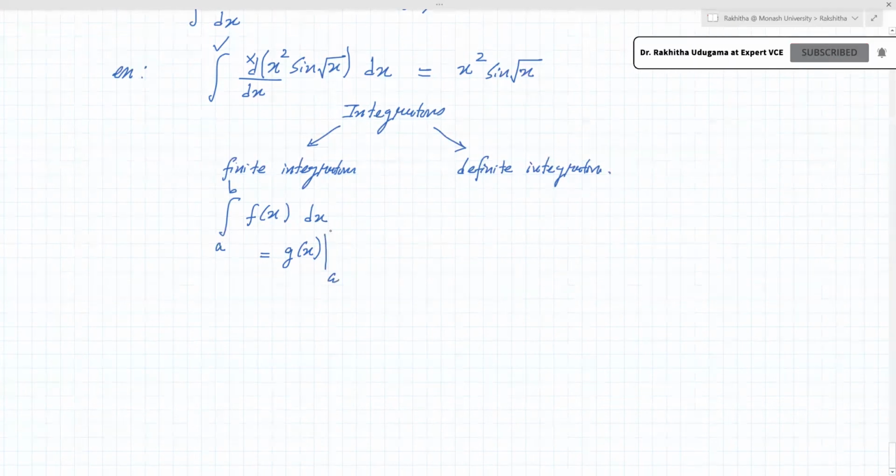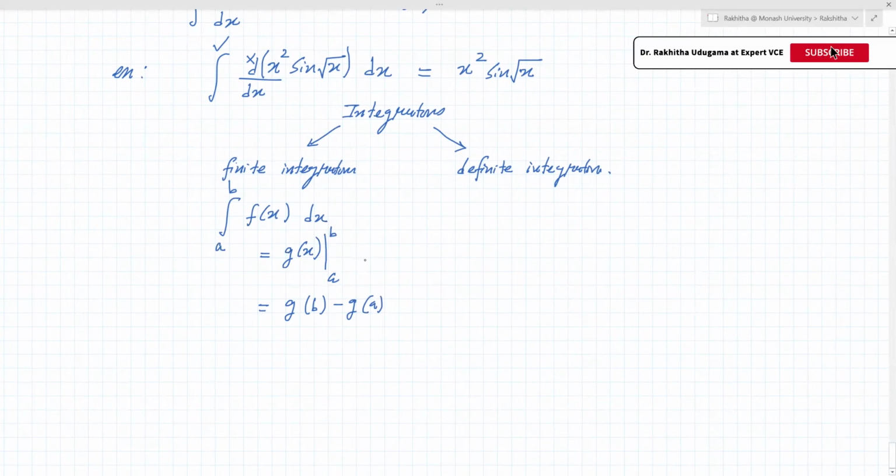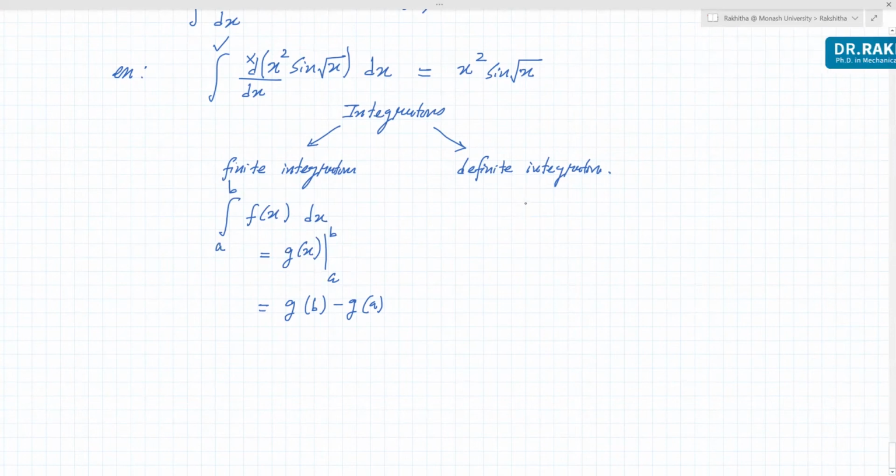So lower boundary would be a, upper boundary would be b, right? So ultimately this would be g(b) minus g(a). Okay, so we'll be doing this later. Right now you don't have to worry about this, but I will show you how to do that in the subsequent lectures.